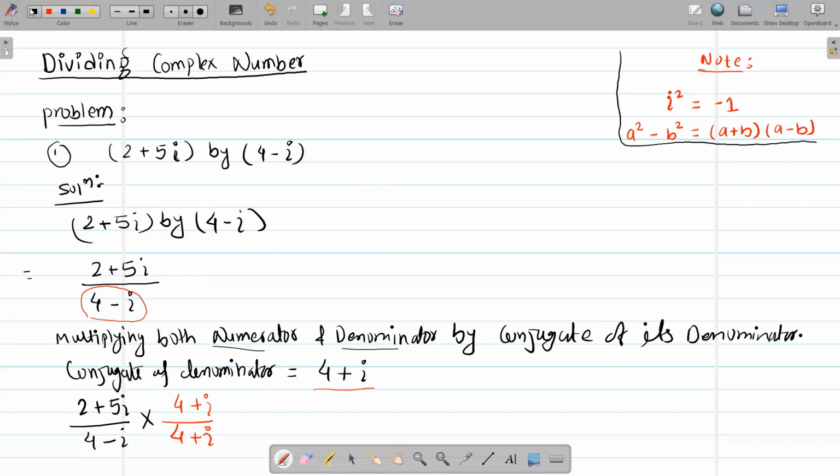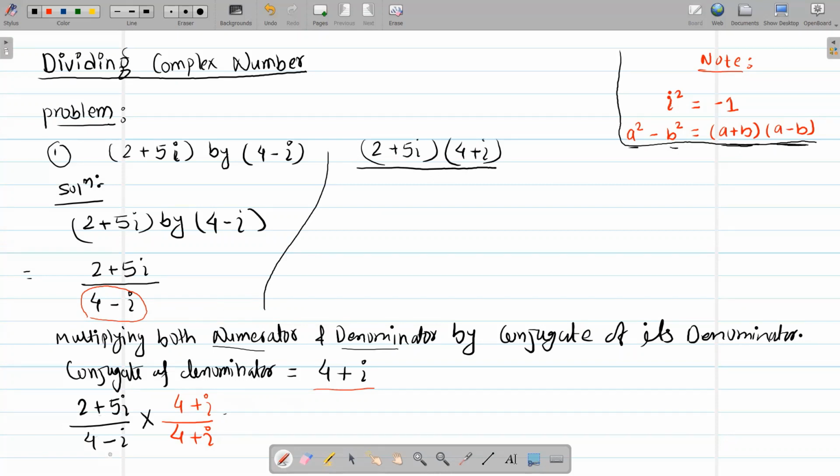Now, when we multiply, what do we get? 2 plus 5i times 4 plus i, right? Over, now you see a square minus b square is a plus b times a minus b.